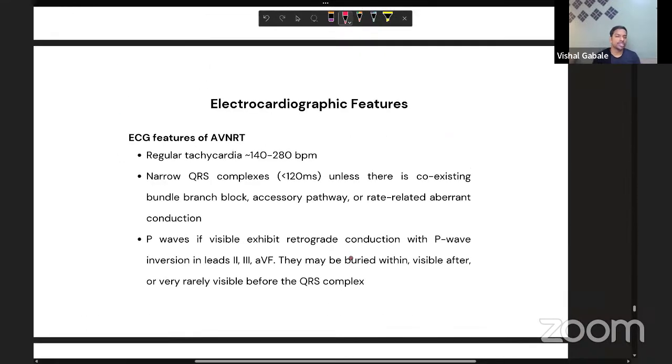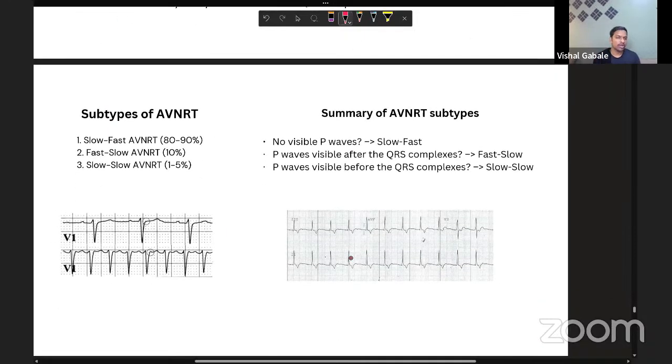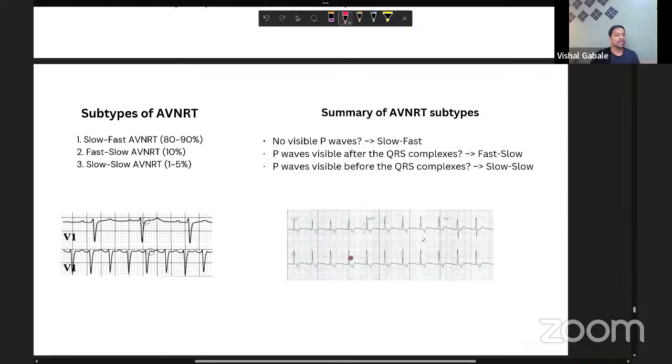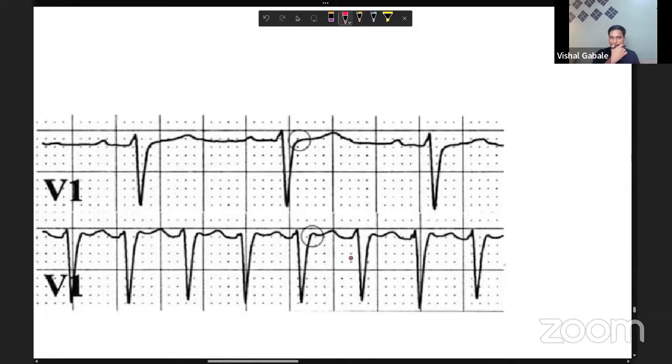So what are the ECG features again? It's a regular tachycardia with a narrow QRS complex. P waves, if visible, exhibit retrograde conduction with P wave inversion. Here also you can see the PQRS, and I will just zoom in a bit. In the normal ECG, the upper one is normal, but here you can see there is a notch over here.